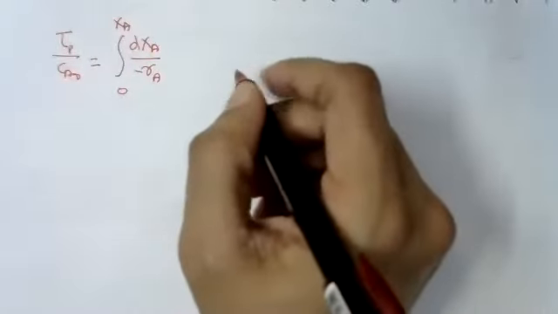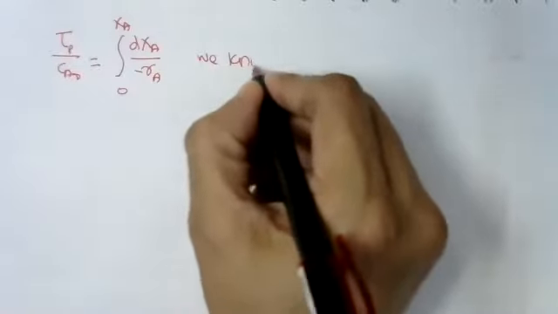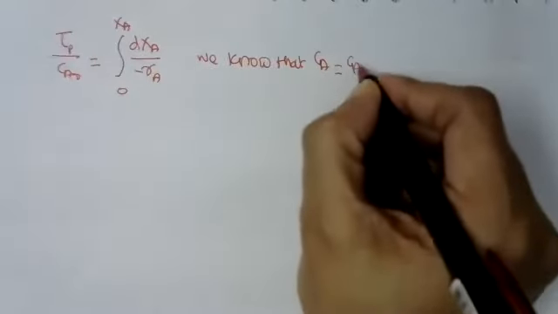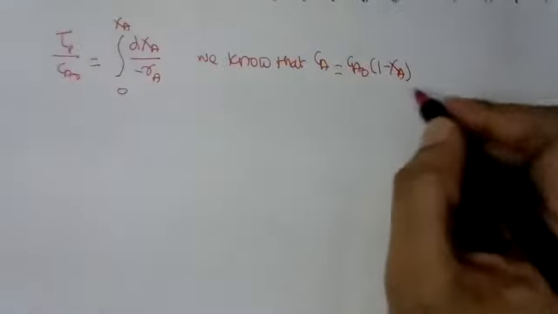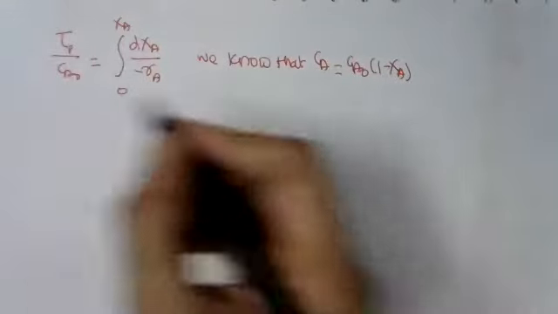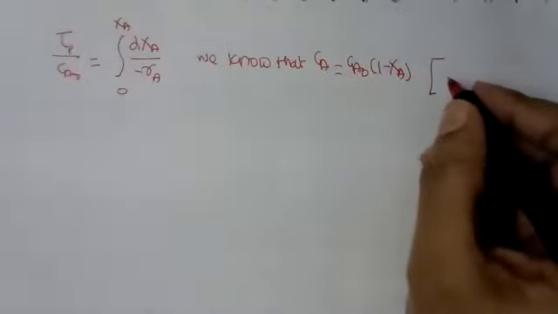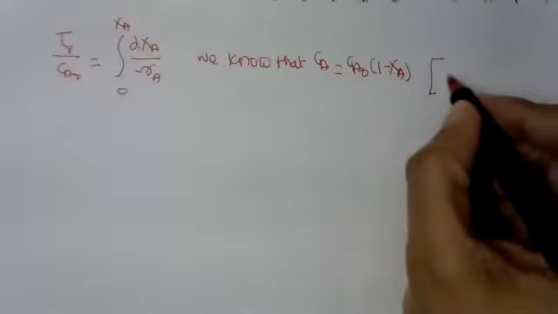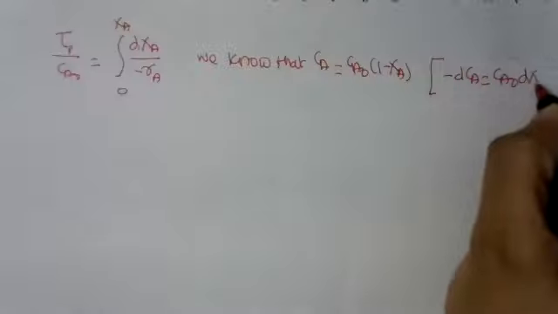But we know that CA is equal to CA0 into 1 minus XA, and if we differentiate it, then after differentiation we may write it as minus dCA is equal to CA0 dXA.